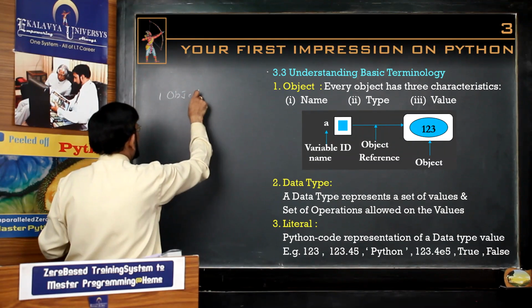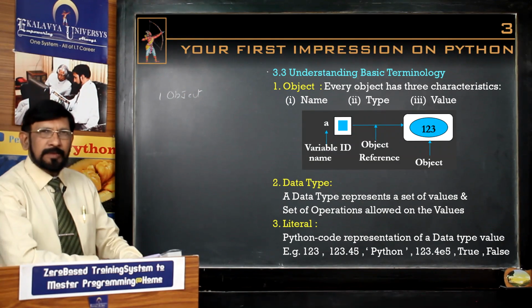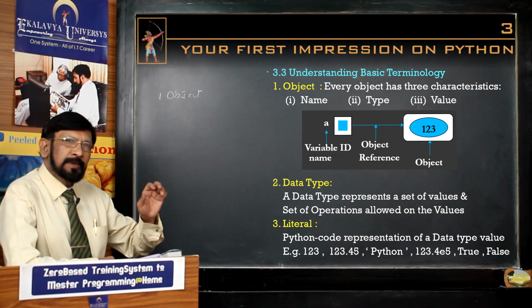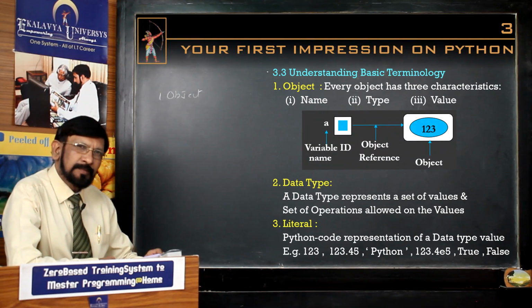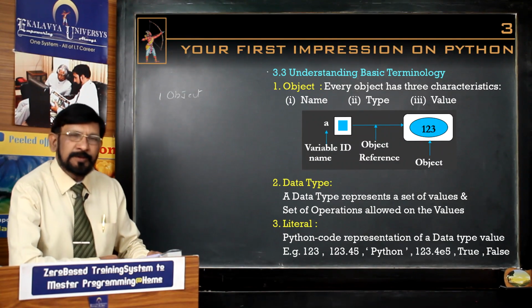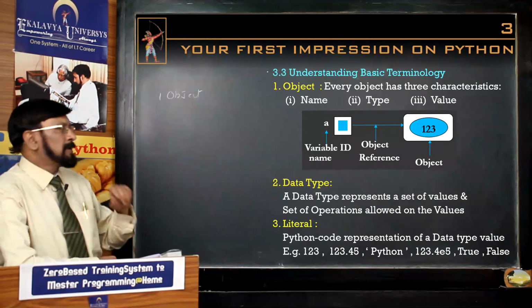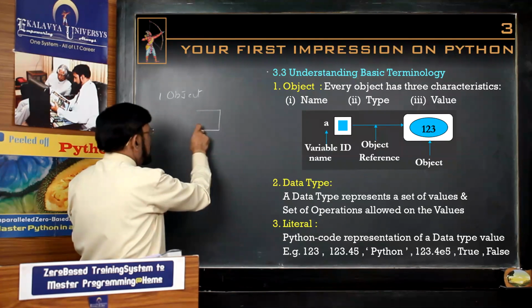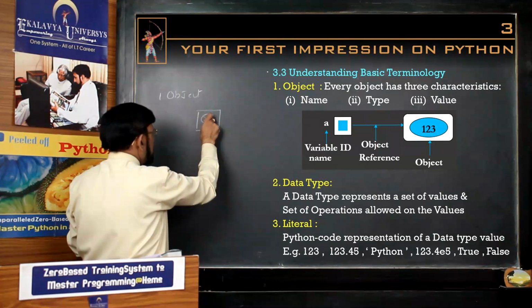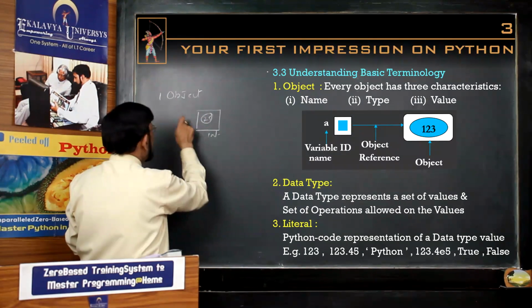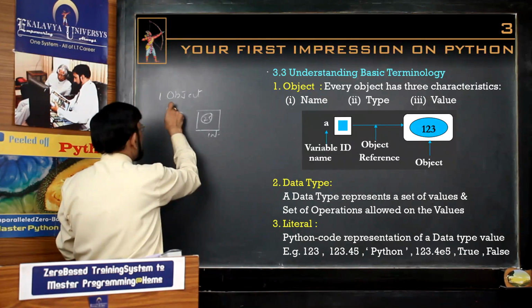Already explained to you. This is in computer memory representation of a value belonging to a particular type.